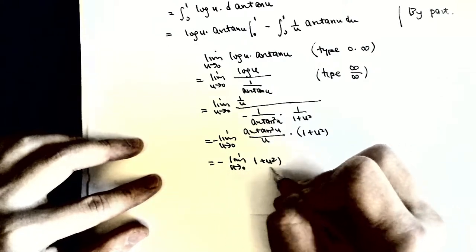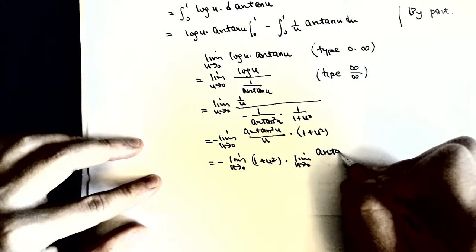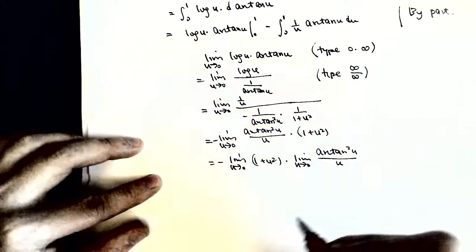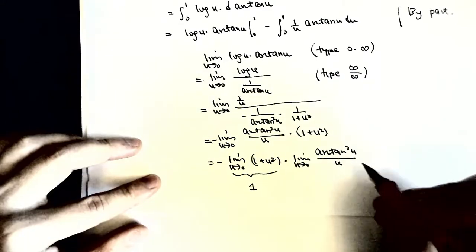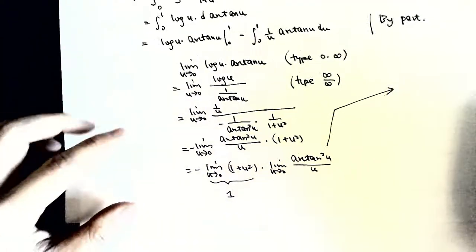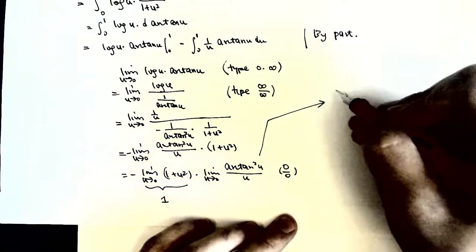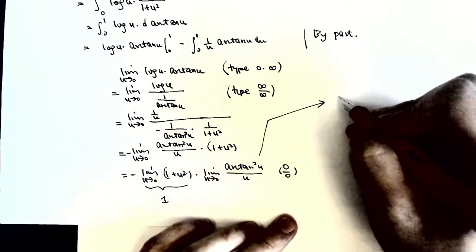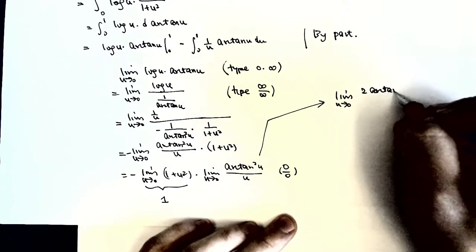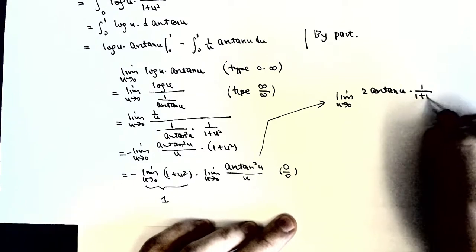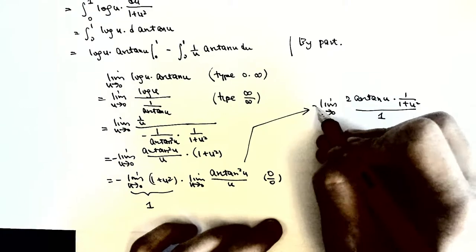The limit of 1 plus u squared, of course, becomes 1. For the other part, the limit of arctangent squared u over u, this is a type of 0 over 0, so we use L'Hospital's rule again. It becomes 2 arctangent u times 1 over 1 plus u squared, over 1. Beautiful.